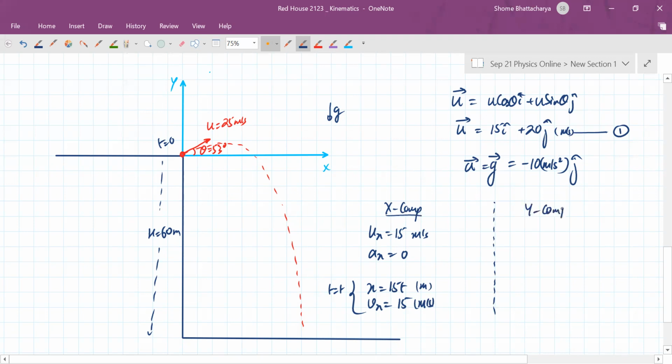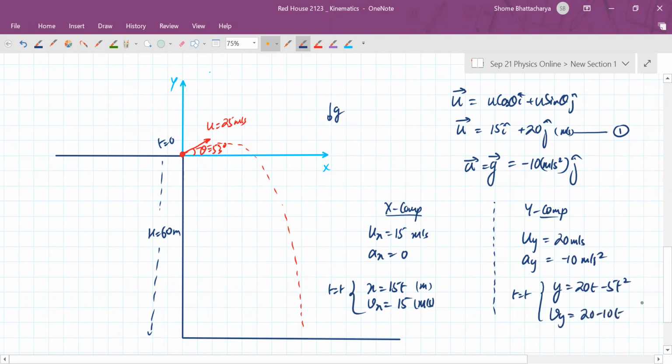The y component, on the other hand, has an initial value of plus 20 but an acceleration of minus 10. So at time t, your y coordinate is 20t minus 5t square, and your y component of velocity is 20 minus 10t. These two equations, which represent position and velocity in component form, are actually all we need conceptually to solve all the parts of this question.